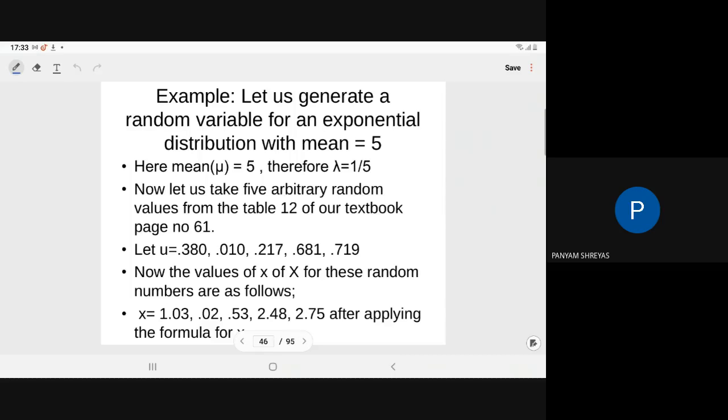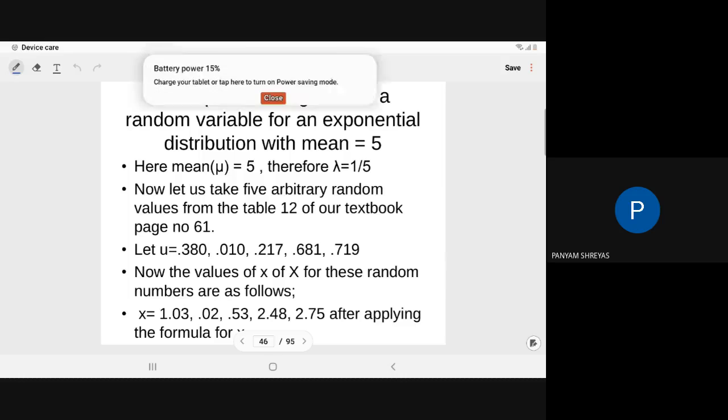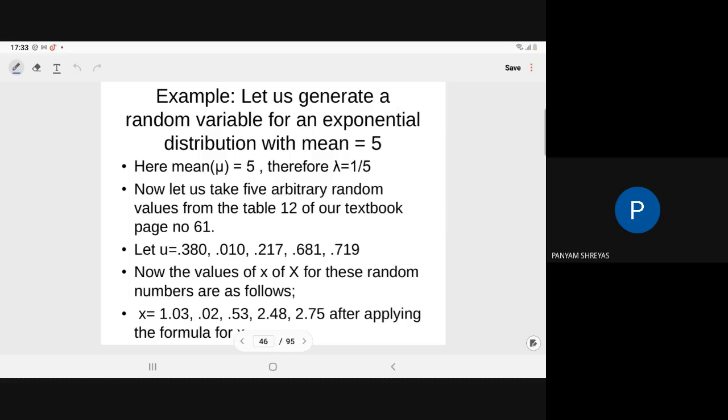Now here if you take mean mu equal to 5, therefore lambda is equal to 1 upon 5. Now let us take 5 arbitrary random values from table 12. We have the table of random numbers in the textbook. That is table 12.